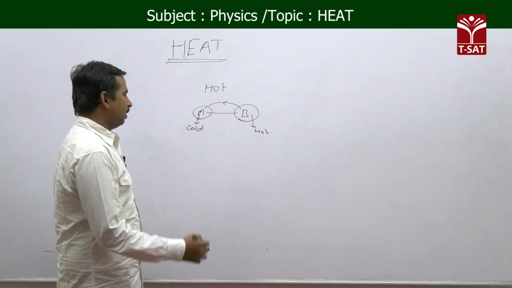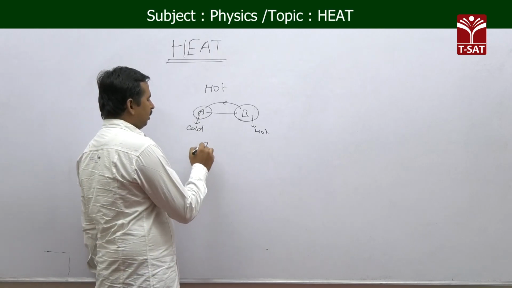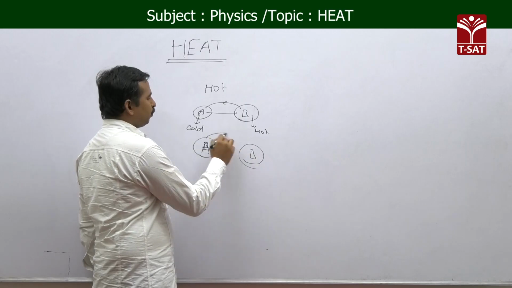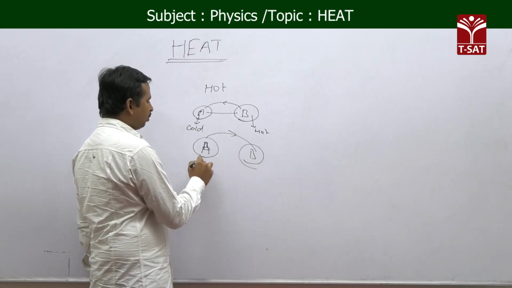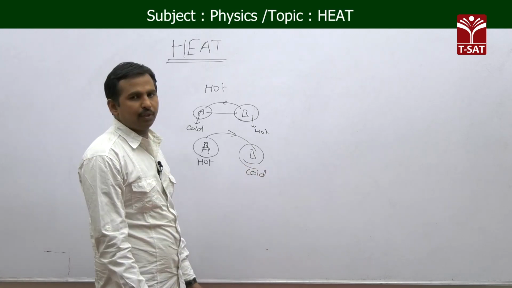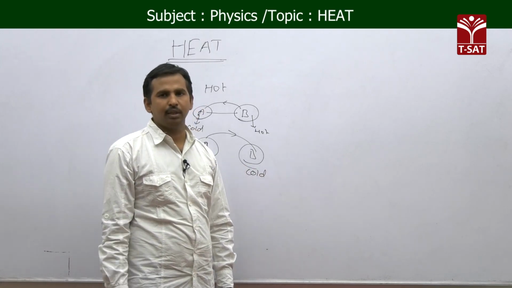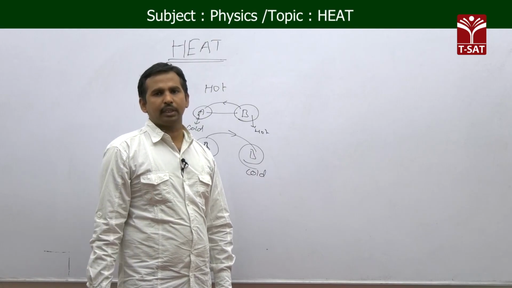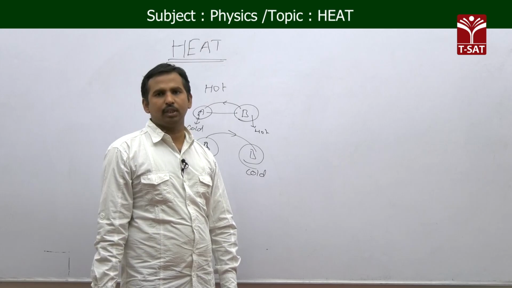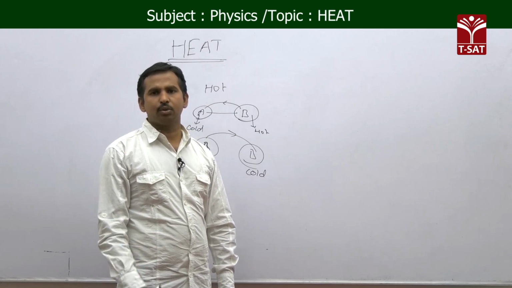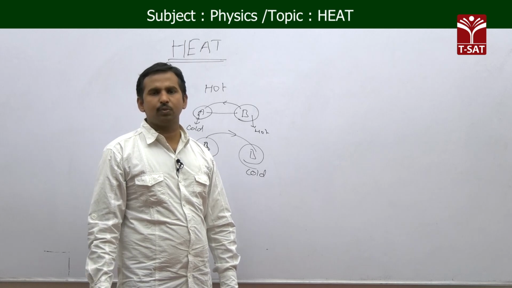Or if heat energy transfers from A to B, then A is the hot body and B is the cold body. Which means whenever you touch a body, if you feel a loss of heat energy from your body to that body, then we are the hot body and that is the cold body, which means we feel cold.